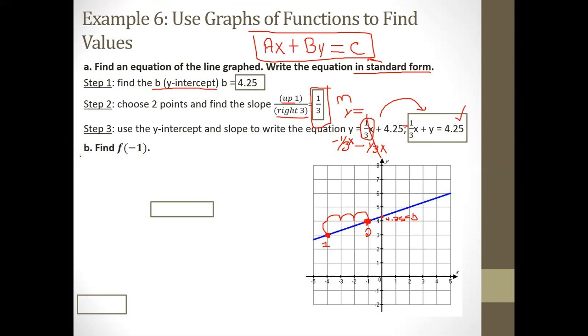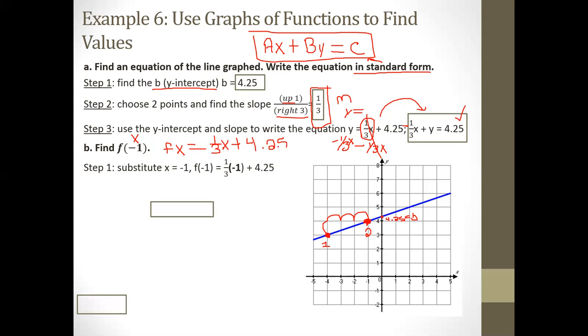Now we're asked in part B to find the value of this function when x is -1. So f of -1. We'll take the function notation of the equation. So f of x instead of y equals, remember it equaled 1/3 x plus 4.25.